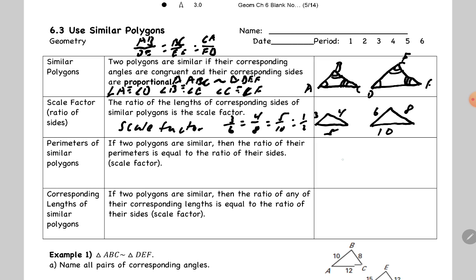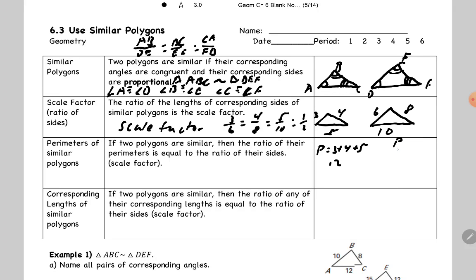If two polygons are similar, then the ratio of their perimeters is equal to the ratio of their sides. So if we look at the perimeter of this small triangle, perimeter means to add up all the sides. 3 plus 4 plus 5. So that's 7 plus 5, which is 12.